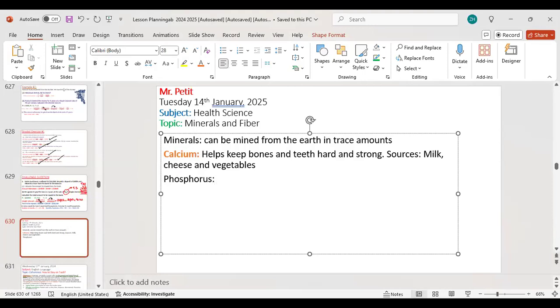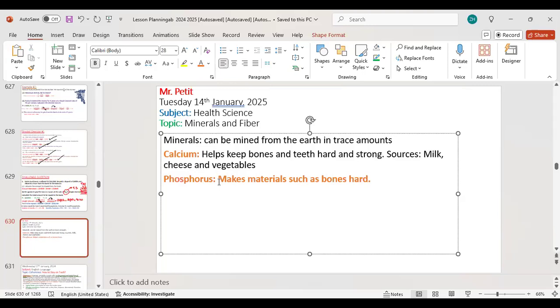Also a mineral. So phosphorus is very similar to calcium. It does the same thing. But phosphorus helps make materials such as bones, heart.